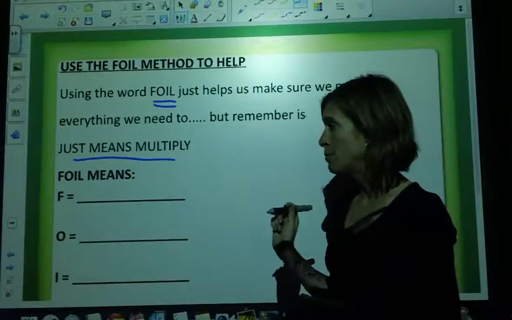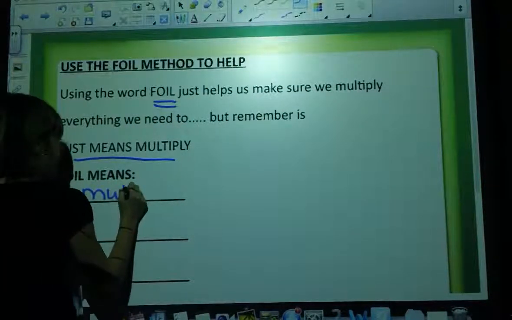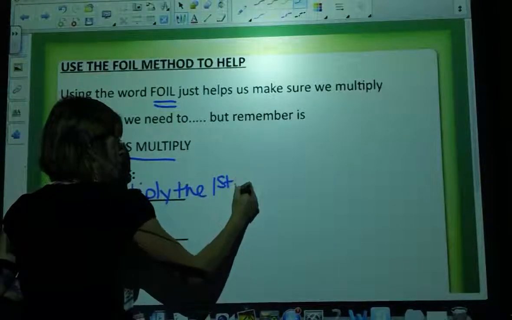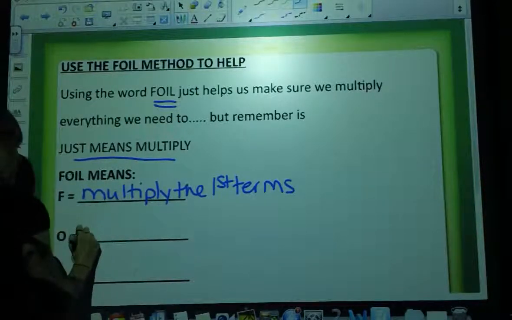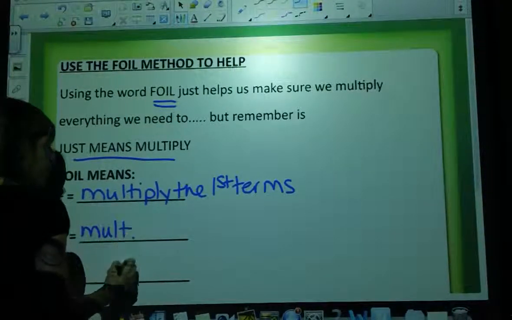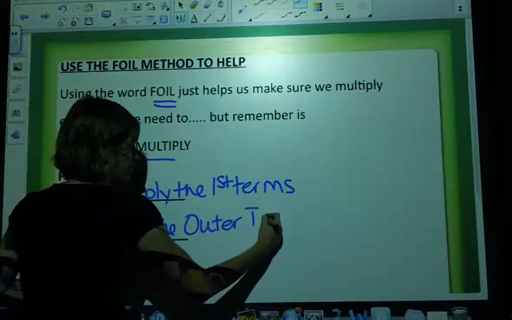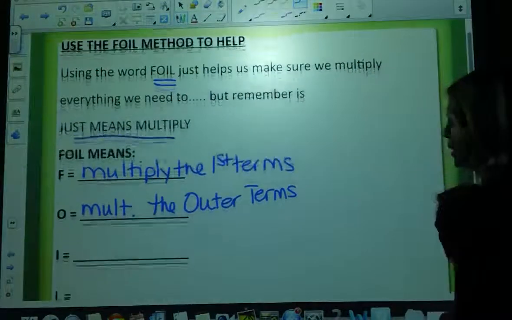All right, so FOIL means the F represents multiply the first terms. And I'm going to go through it and model it in a second, okay? O means multiply the outer terms. Okay? All right, let me scroll this up a little bit.